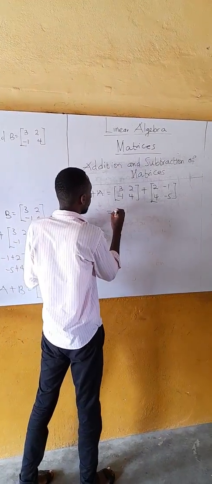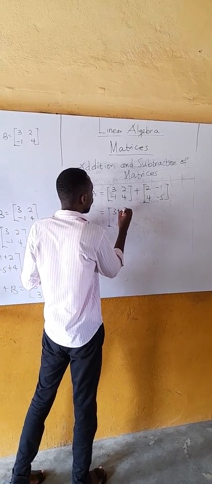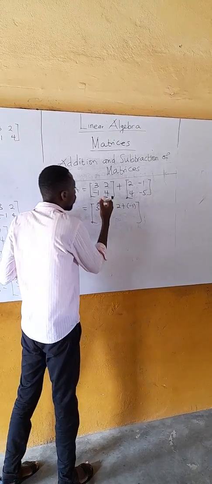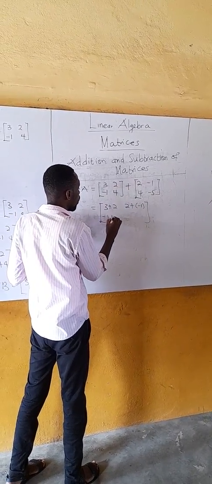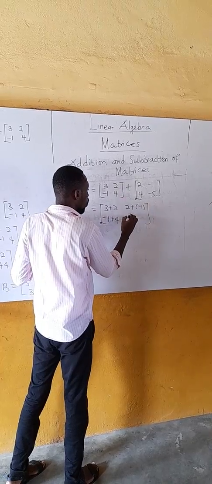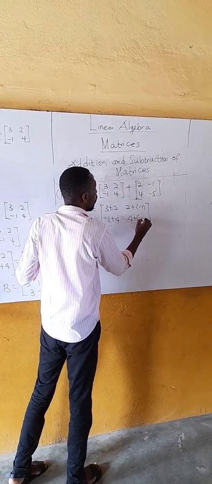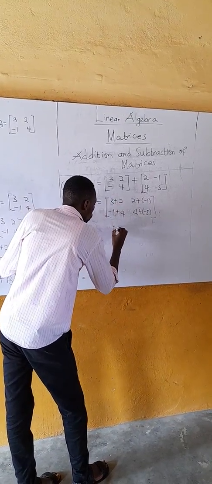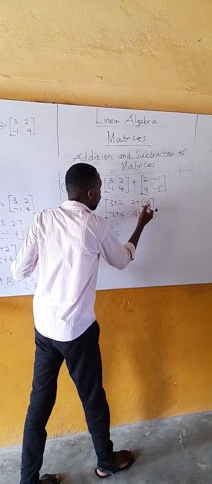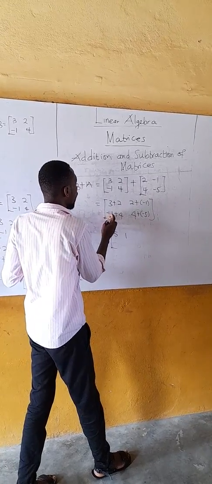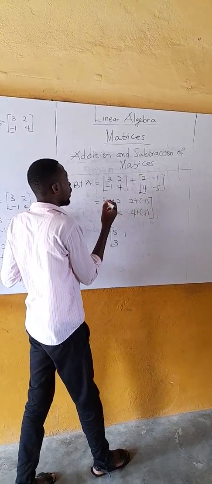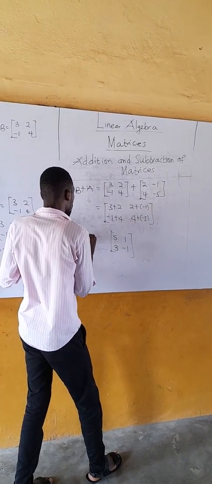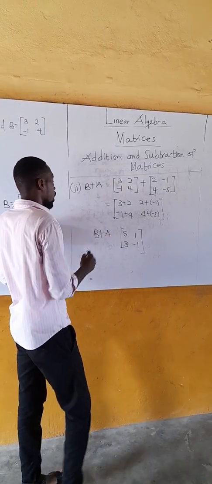So let's add again. So 3 plus 2, 2 plus minus 1, minus 1 plus 4, then 4 plus minus 5. Let's see what we get. 3 plus 2 is 5, 2 plus minus 1 is 1, minus 1 plus 4 is 3, then 4 plus minus 5 is minus 1. So these are B plus A.